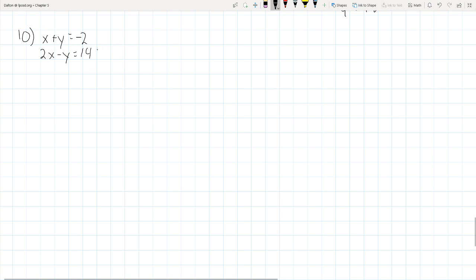So whenever we're doing this, again, we want to try and get a variable by itself. Me personally looking at it, I like this one. This looks nicer than this one.